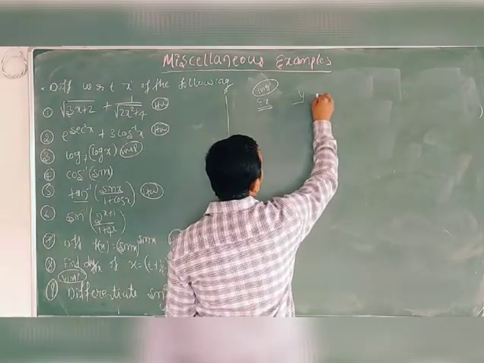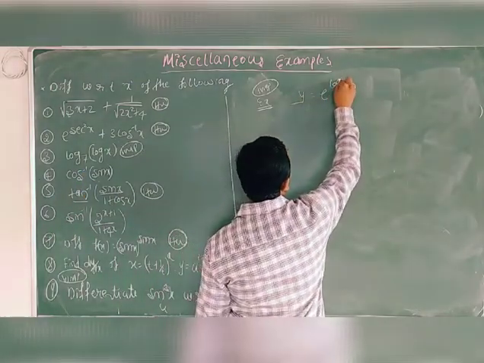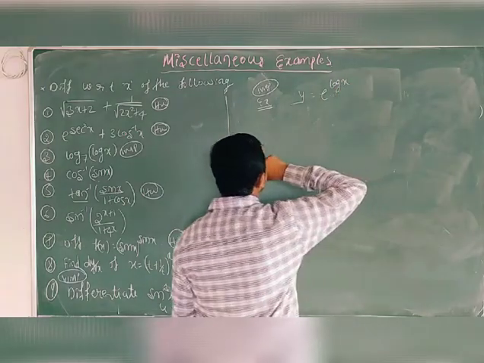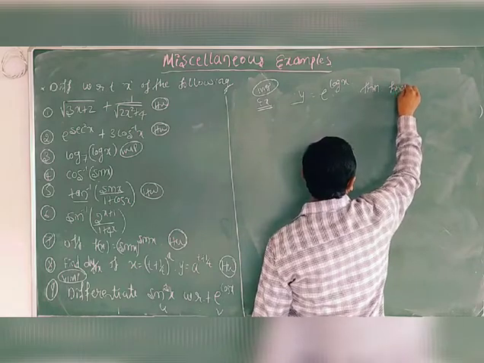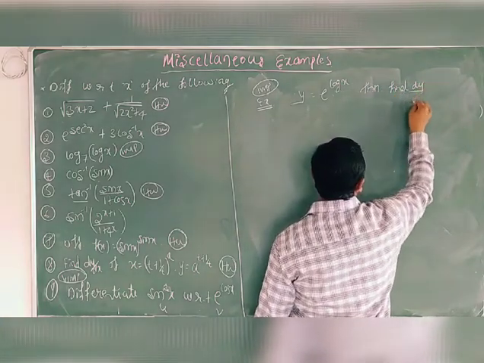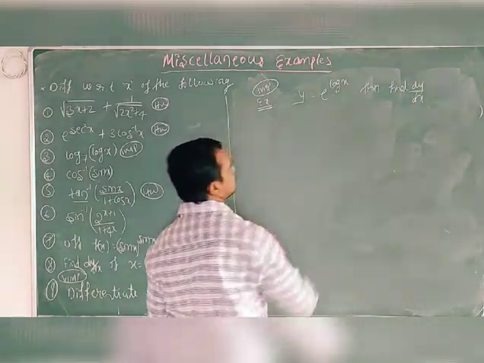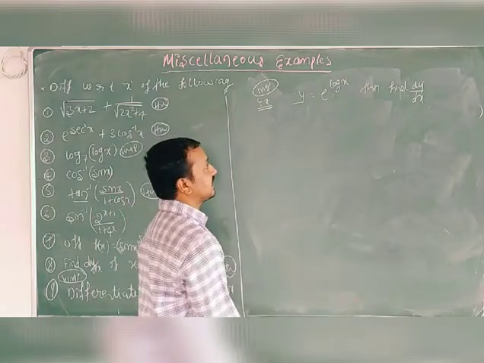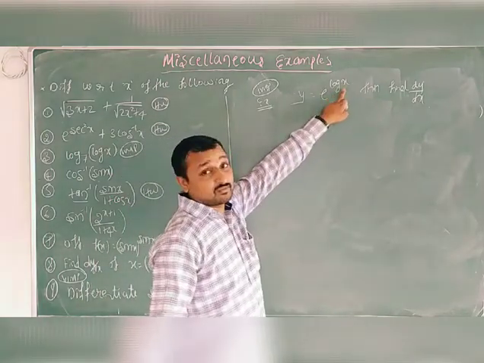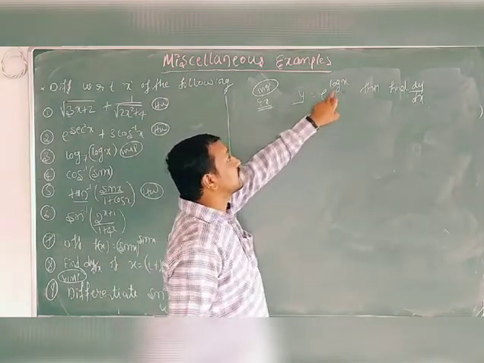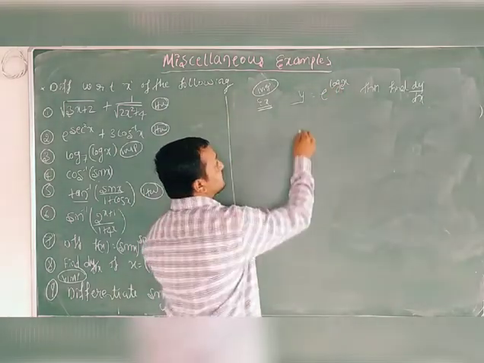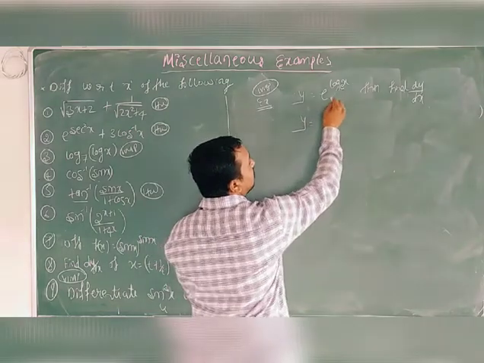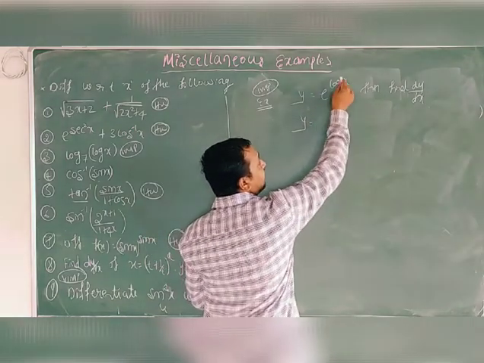Again, take y equal to e raised to log x. Then find dy by dx. Very important, very simple. This is in the e raised to x form, exponential to the base e, and logarithm to the base e.